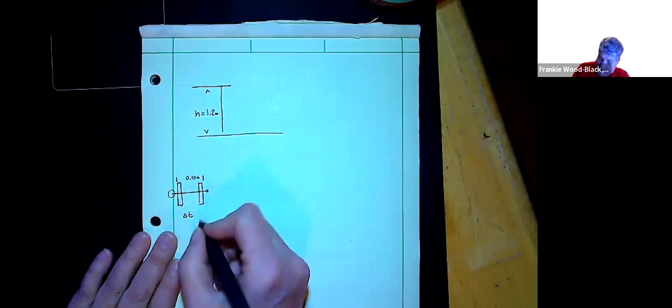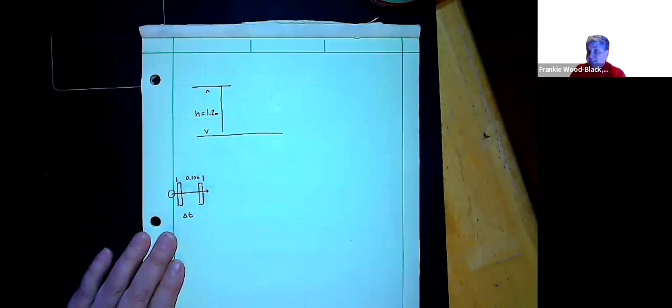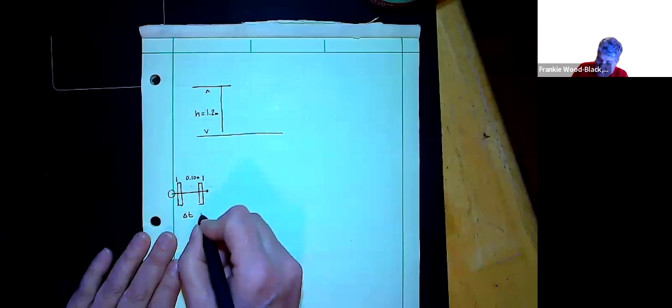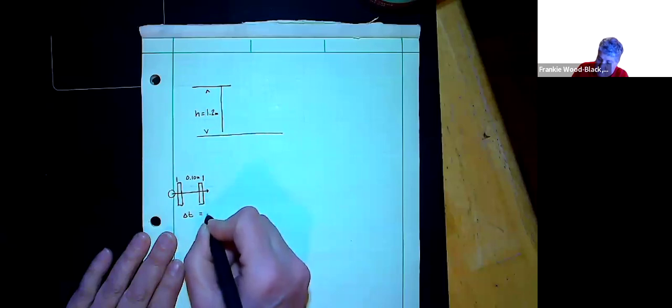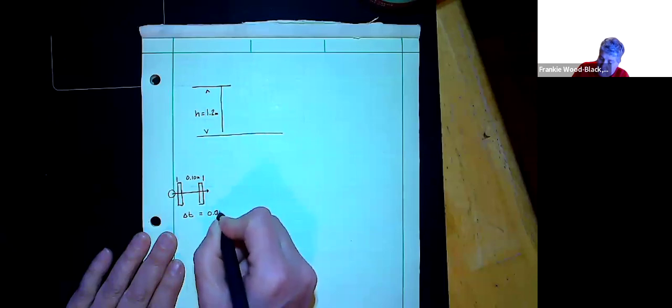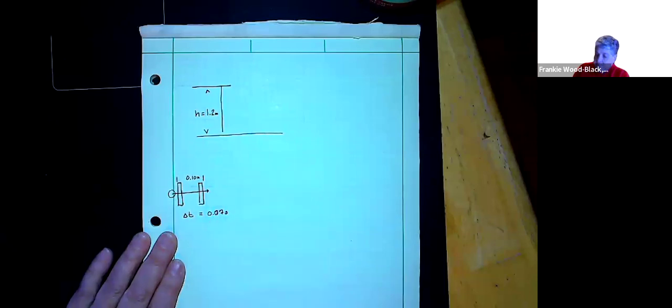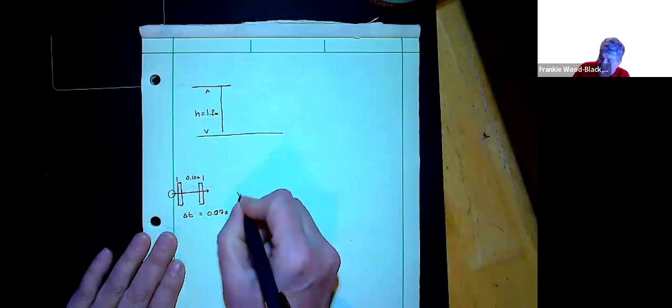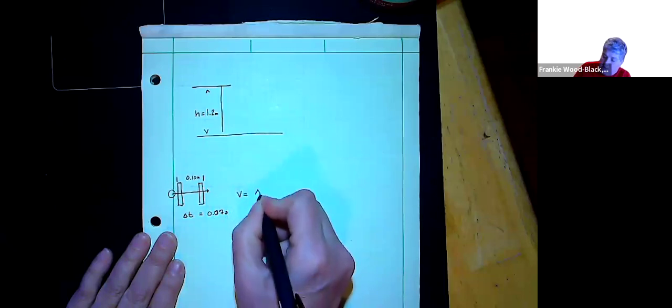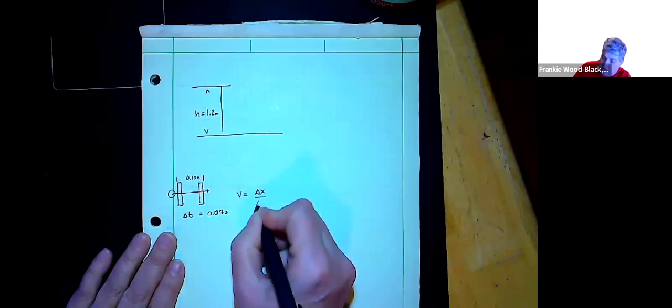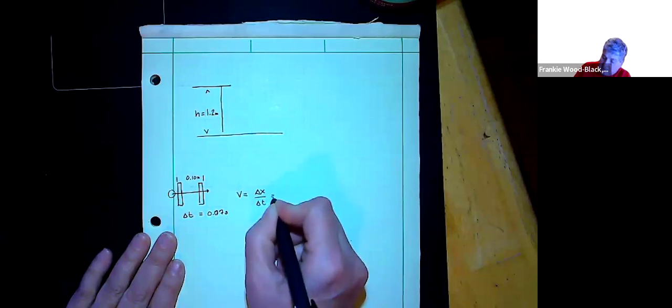And let's say that that time, for grins and giggles, is 0.07 seconds. So I can calculate the velocity, because my velocity is my change in position over my change in time.